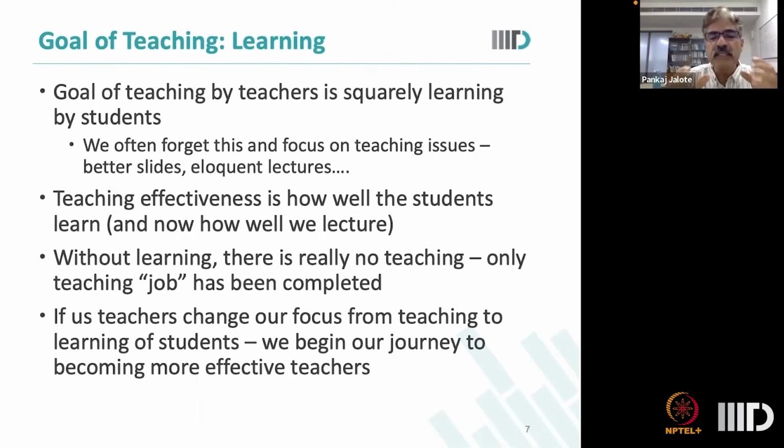The main thing is that teaching effectiveness is really how well the students learn. Without learning, there is really no teaching. We've done our teaching job, but there has been no real learning. So if we teachers can change our focus from teaching to learning of students, we can begin our journey to becoming more effective teachers.